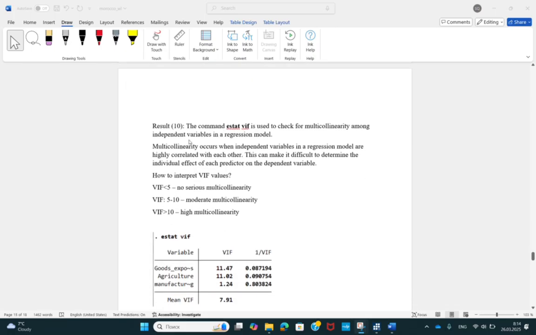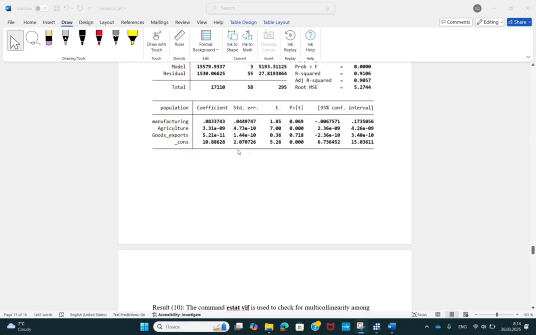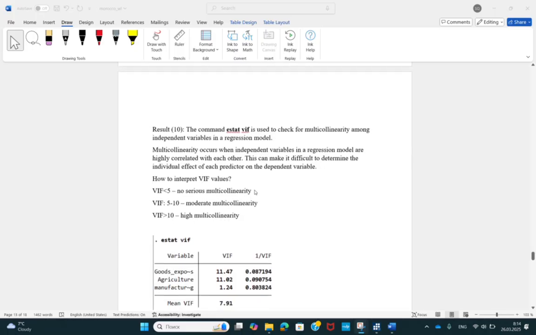Result 10. The command is estat vif. After these processes, we should check, of course, our result. Estat vif is used to check for multicollinearity among independent variables in a regression model. Multicollinearity occurs when independent variables in a regression model are highly correlated with each other.